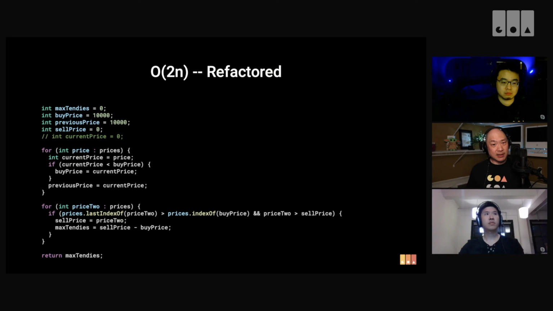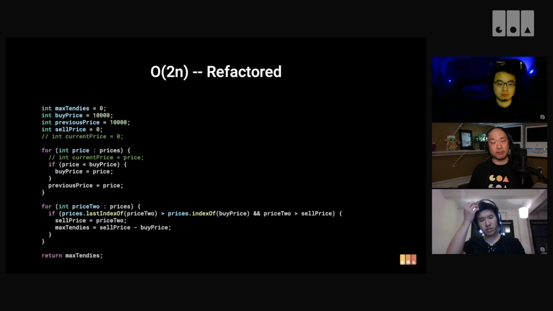So since we're just using it that way, then we actually don't need a variable. We could just use price on its own like this. So then we don't need the variable. Then it's easier to read, right? Because we know that we're traversing through the prices array for each price, and then we're using price as is.